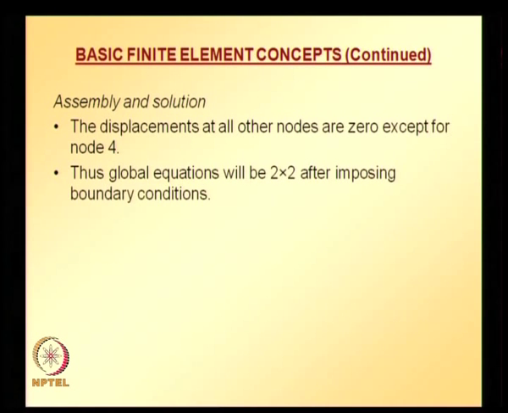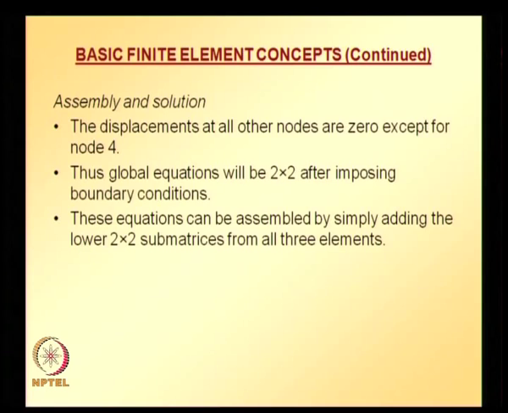So, actually the contribution to the reduced stiffness matrix will come from the fourth quadrant. If you divide the stiffness matrix of element 1 into 4 quadrants, and similarly the stiffness matrices of element 2 and element 3, and you take the fourth quadrant and add the corresponding values at the corresponding locations in the fourth quadrant of each of the element stiffness matrices, we will get the reduced global stiffness matrix.